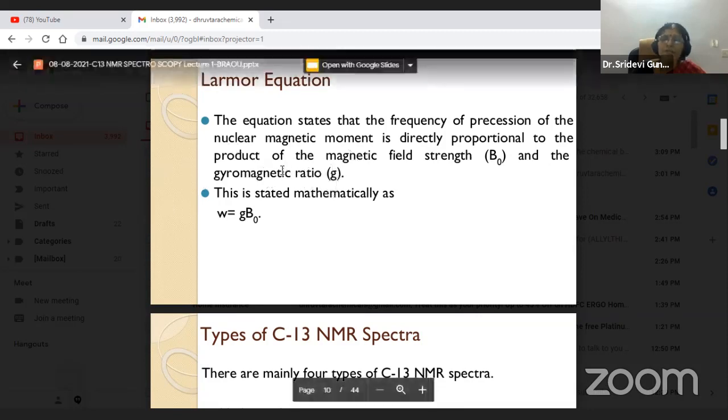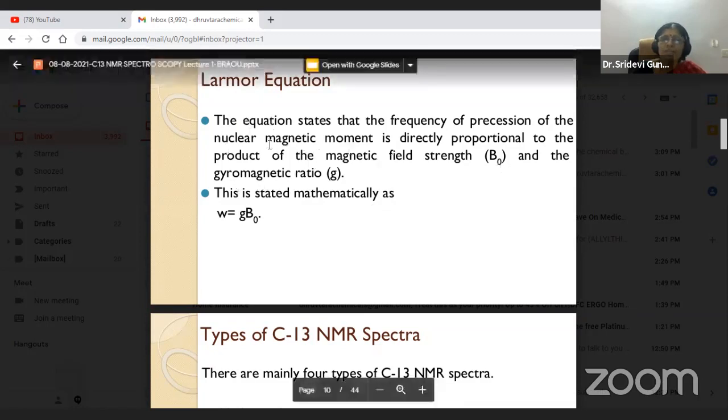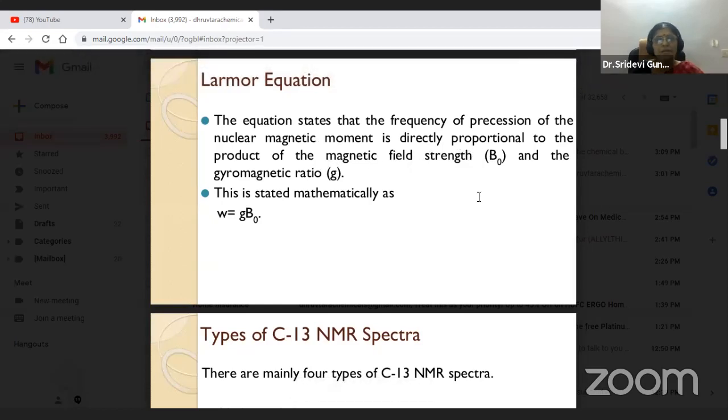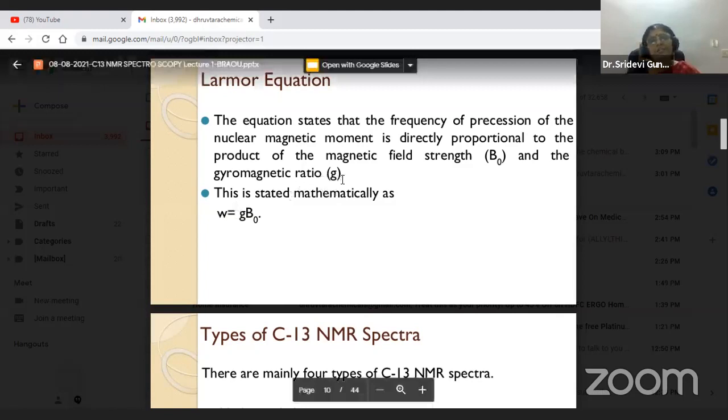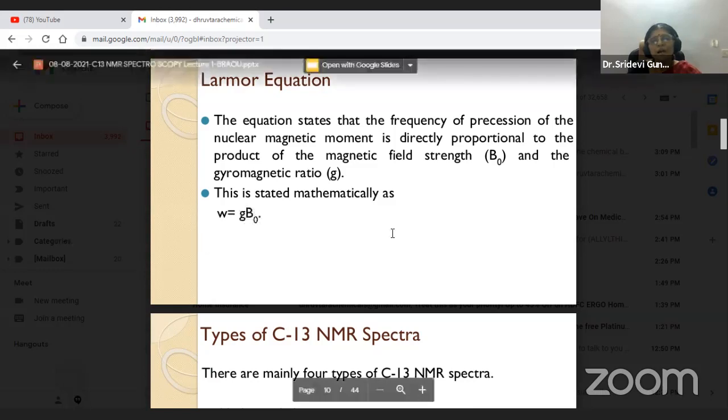So the precessional frequency is dependent on the applied magnetic field strength and the gyromagnetic ratio of the nucleus under study. This is stated mathematically as omega equals gamma B0, where gamma is the gyromagnetic ratio, B0 is the applied magnetic field, and omega is the precession frequency.